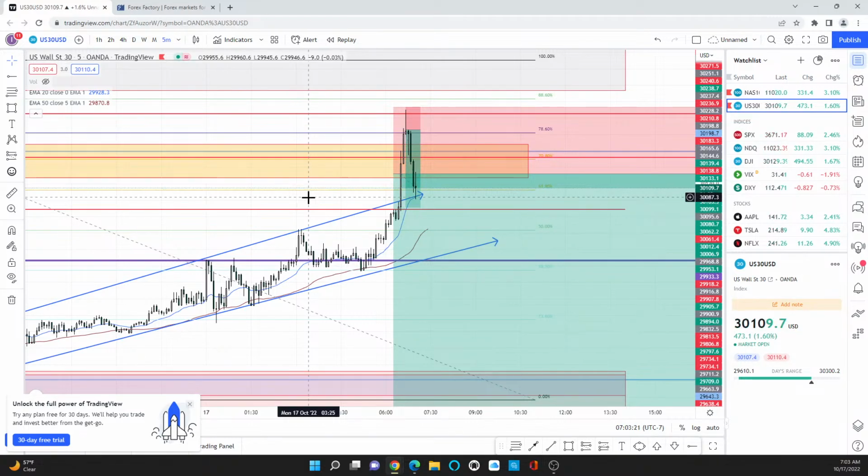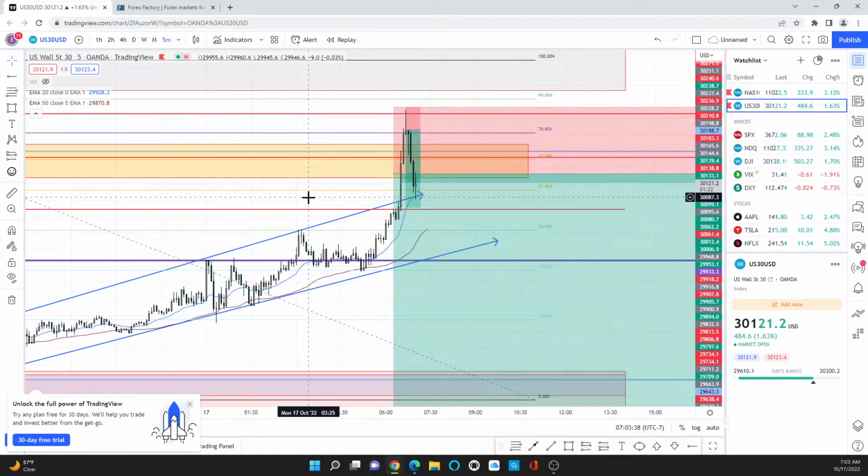We're still up a good amount, though, about 130 pips, 140 pips. Yeah, we're at kind of a nice little resistance to support area right now, too.